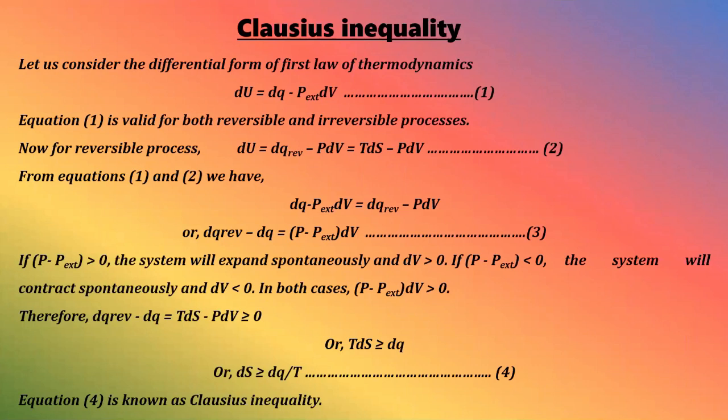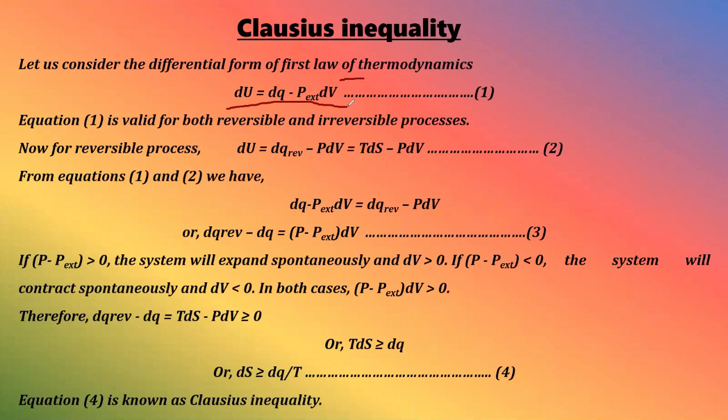Let us go to another work of Clausius, that is Clausius inequality. And Clausius inequality, what we people are having, it is saying let us consider the different form of first law of thermodynamics. Okay, here it is written dU equals to dq minus pdV, right?